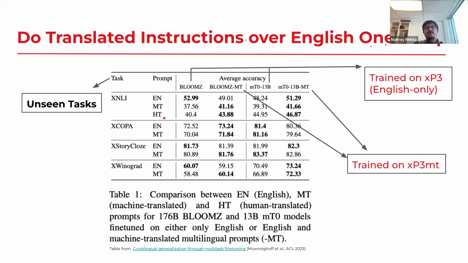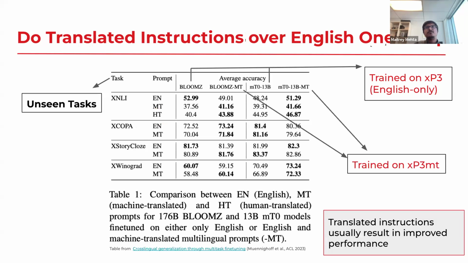But what they found interestingly was that usually when you use translated instructions, so in-language instructions, you'll usually find that they perform better. So a lot of these bold numbers you'll see on the MT side as opposed to the English instruction side. So this was an interesting result, right? So if you are training a model in the future, try to have instructions in different languages, right?